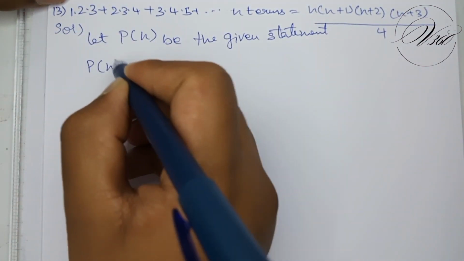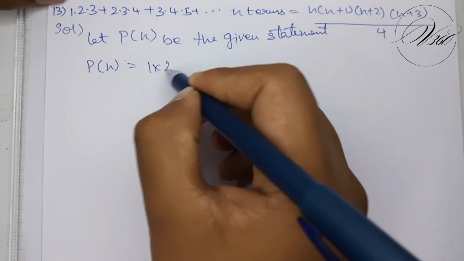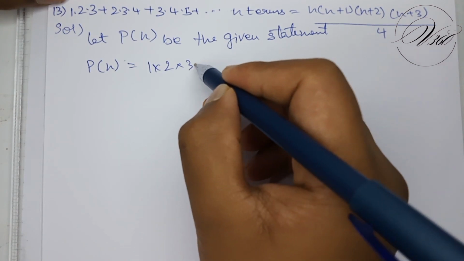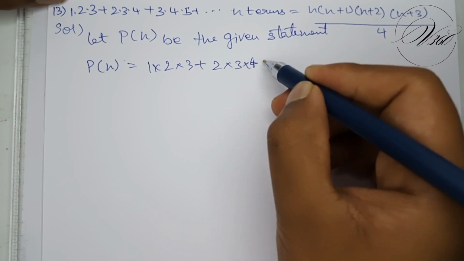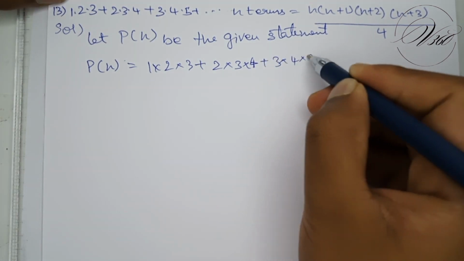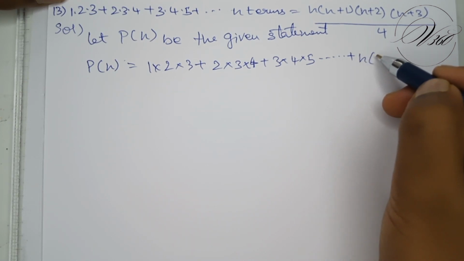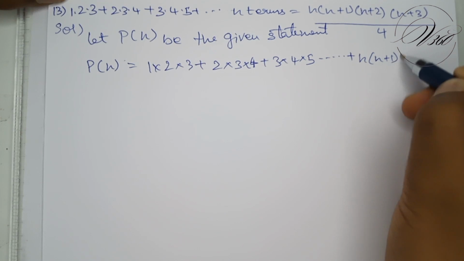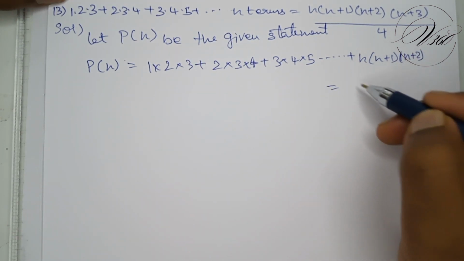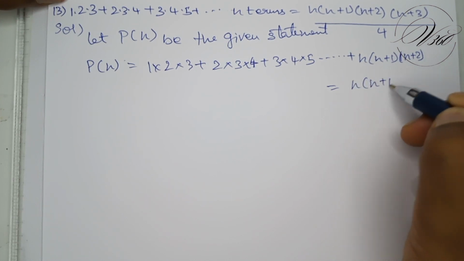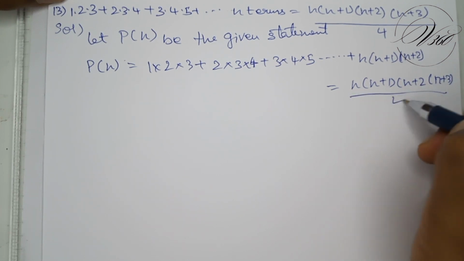Then P(n) = 1·2·3 + 2·3·4 + 3·4·5 till nth term, that is n(n+1)(n+2), which equals n(n+1)(n+2)(n+3)/4. Here dots mean multiplication.